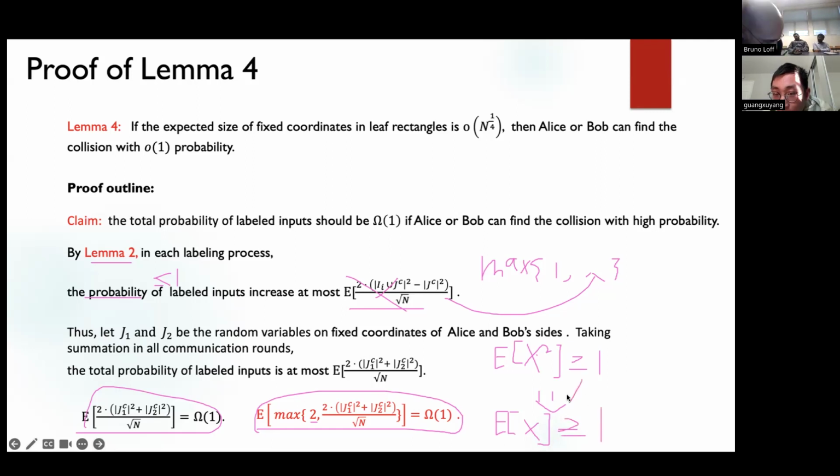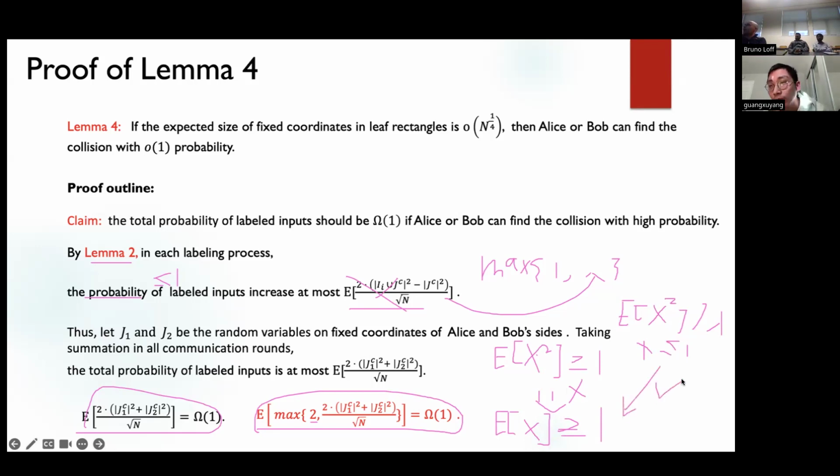This is false. But if we have this value x1 larger than 1, and we also have the max value of x is always smaller than 2, smaller than 1, then we have this claim.